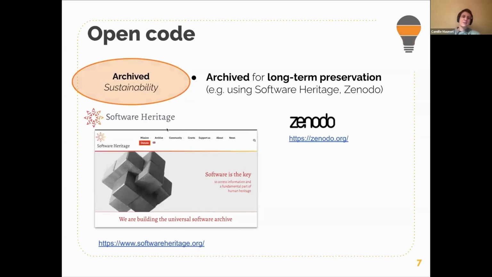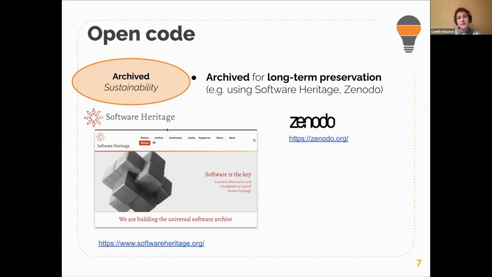The second step that I always try to emphasize is the idea that we need the code to be archived. When we think about research papers, when we share papers with others, we expect them to remain available in 10 years from now. If you're sharing research code, we should set the same standard, right? You don't want your research code to be unavailable in 10 years from now.